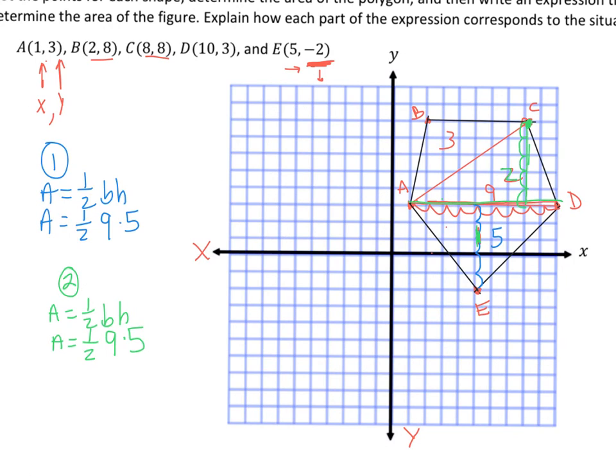So now I'm going to look at 3. And again, I got my 1/2 base times height. And now I've got to figure out my base and height. So the first thing is I'm going to look for the base, which is this straight line from B to C. And I'll count that. I got 1, 2, 3, 4, 5, 6.